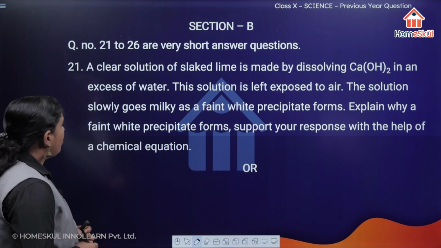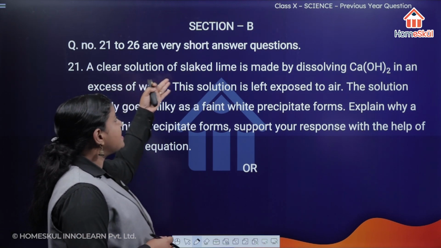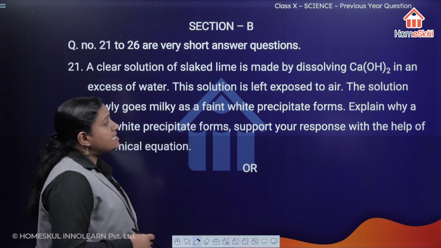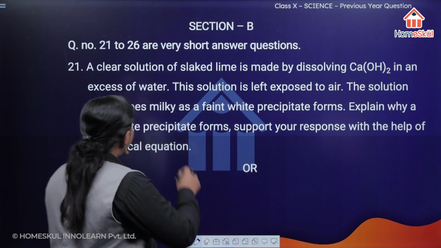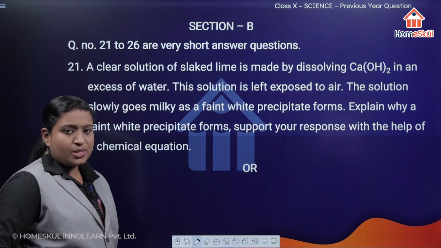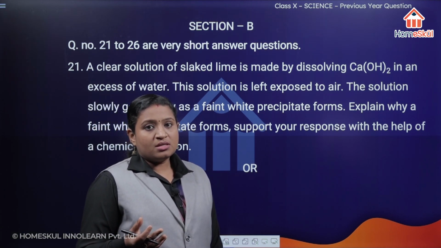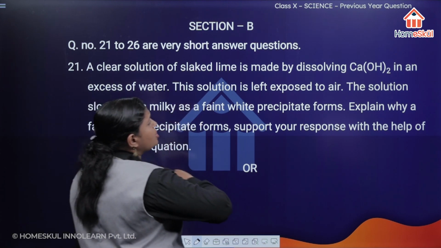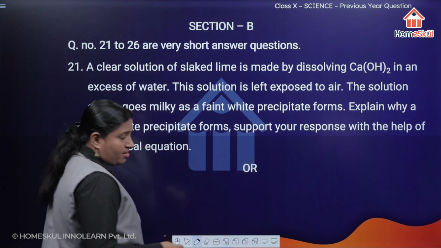So question 21. A clear solution of slaked lime is made by dissolving Ca(OH)2 in excess of water. So now we have calcium hydroxide solution, isn't it? The solution is left exposed to air.